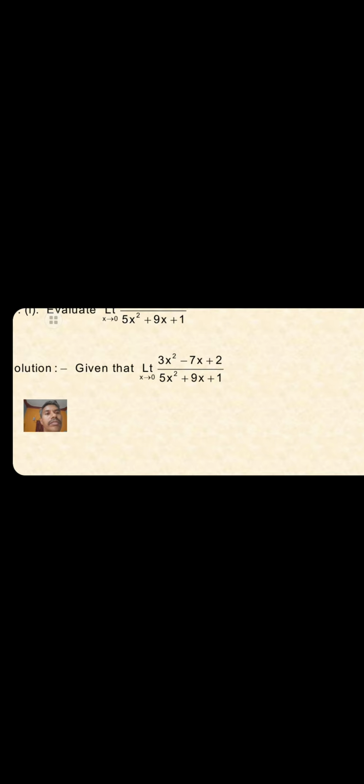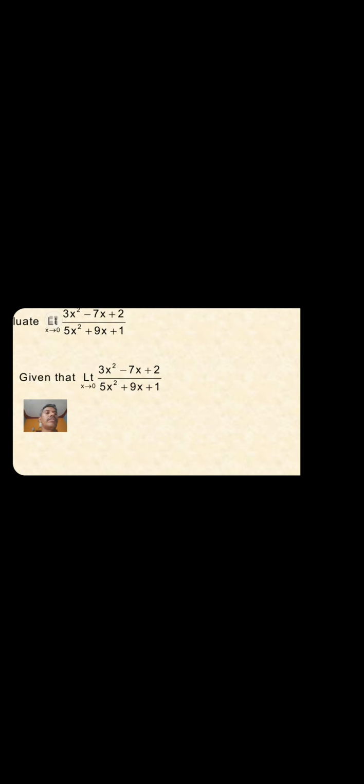So here, if we substitute 0 in place of x, we will get the value. So it is a very easy question. See here, the limit is wrongly printed or wrongly typed.